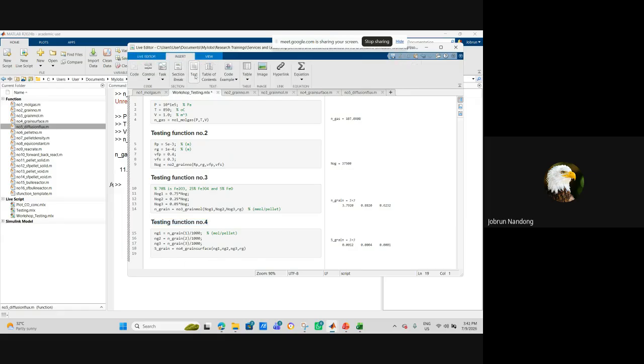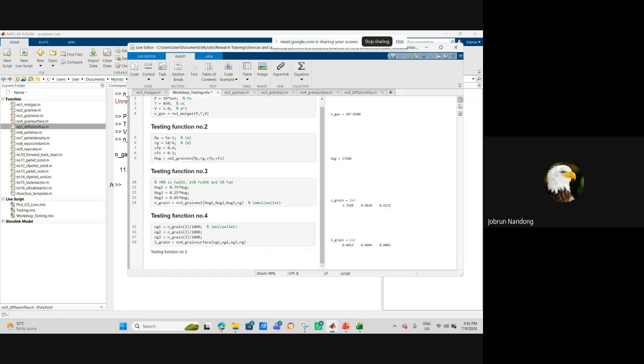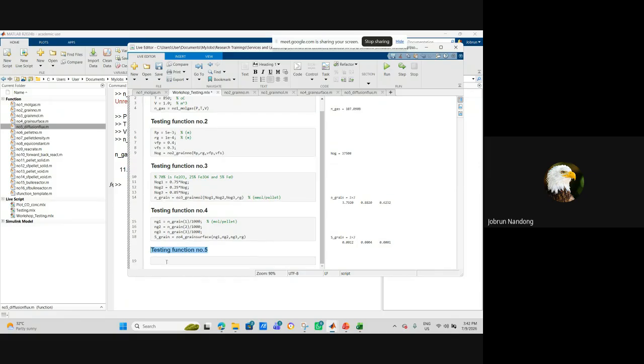Insert again the text. Okay, function testing function number 5. Then insert the code there. This one we can go back there and make it heading number, yeah, like that.